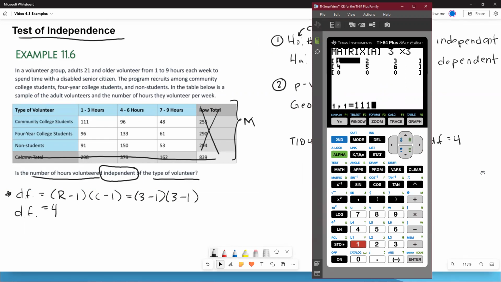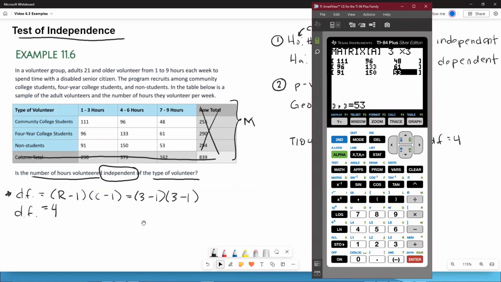Oops, I guess it helps if I hit enter. I done messed up there, sorry. And we check that matrix should look like it does in the original data table.